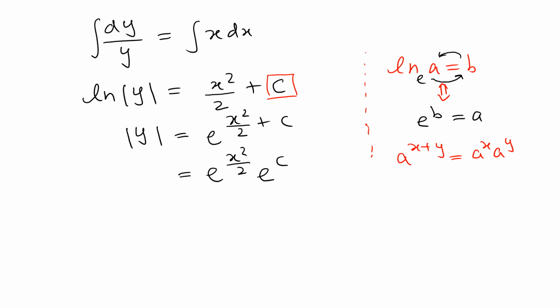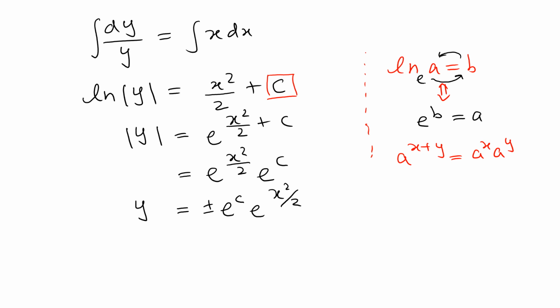We still didn't remove the absolute sign. When you remove the absolute sign, you get plus or minus. I'm going to write the e to the c first for a reason, and then we write e to the x squared over 2.